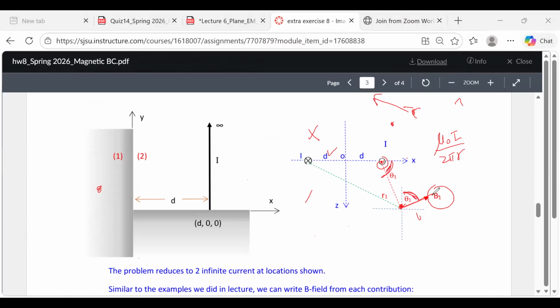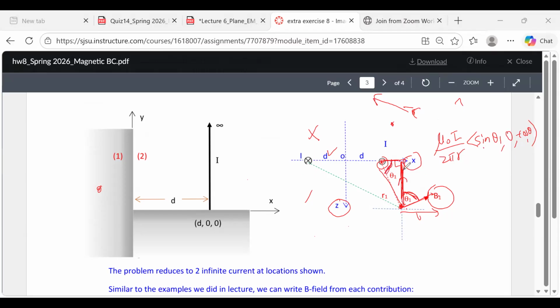So if this is my theta 1, cosine is pointing up, that's my minus z. Sine is pointing to the right, that is my positive x. So sine of theta is my x component, there are no y components, and the z component is negative cosine theta. Then you go back to this triangle, and say, okay, I know this is theta.